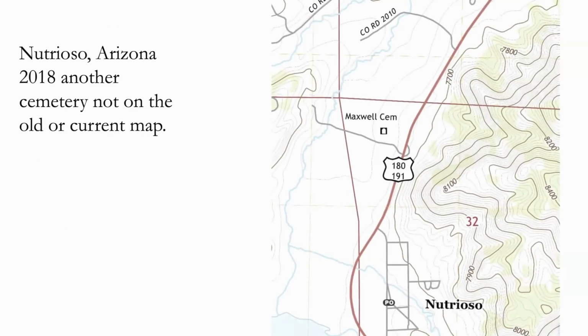But if I go to a different map, this is a 2018, there's another cemetery that's not on the current map. And I'm not sure, but I don't think it was on any of the maps. And so here we have a cemetery that shows up only on this 2018 map.